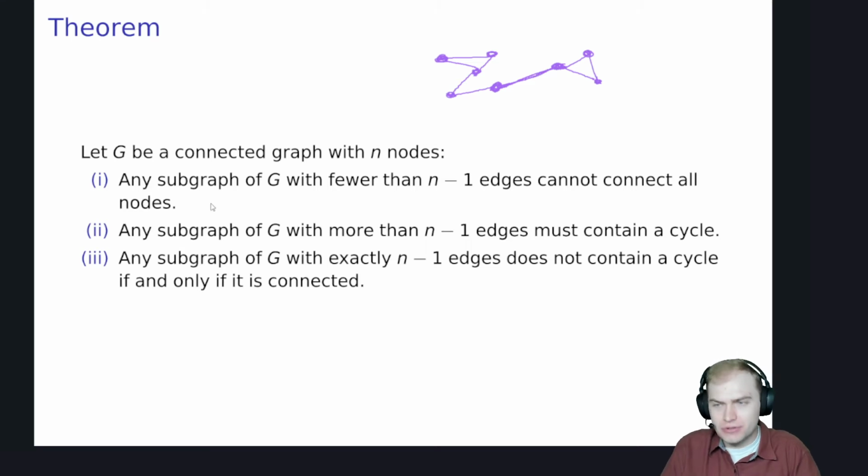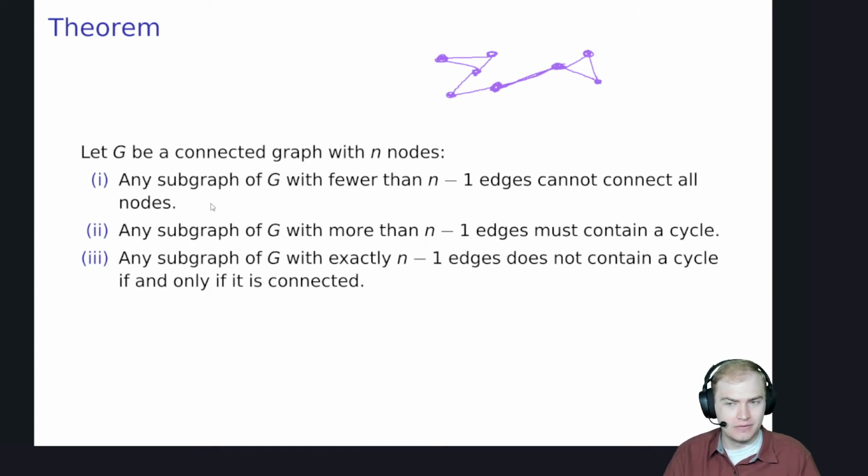So we're going to suppose that's true about G, and we have a few results. Any subgraph of G with fewer than n-1 edges cannot connect all the nodes. This is a relatively simple result that we'll show a proof for in a second. Any subgraph with more than n-1 edges must contain a cycle.